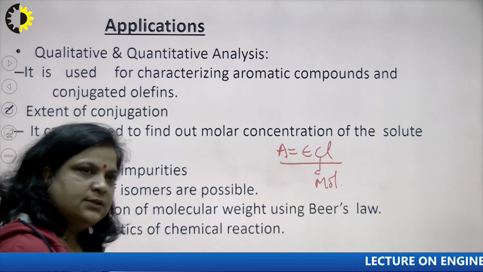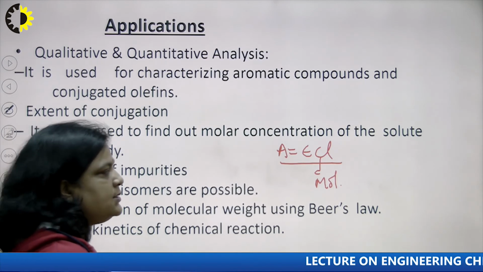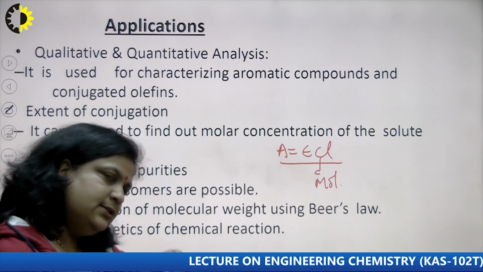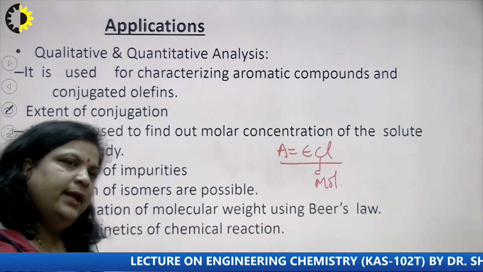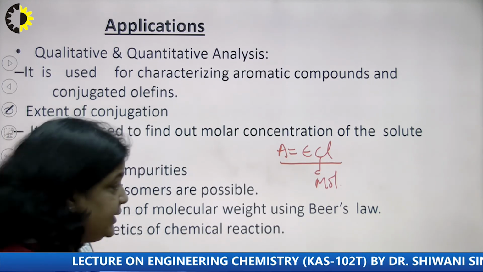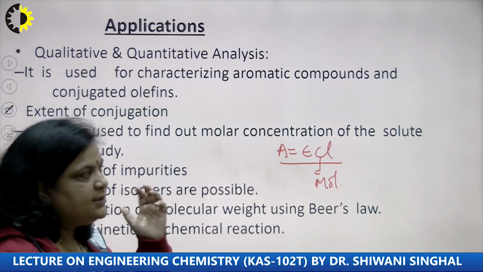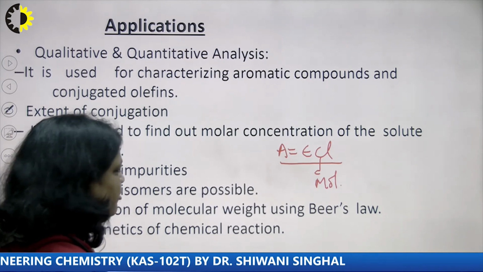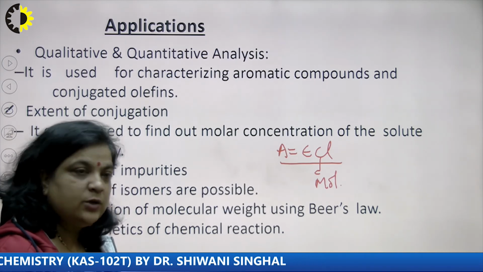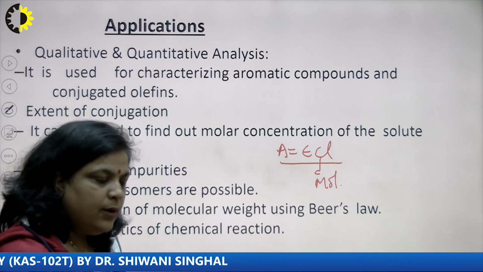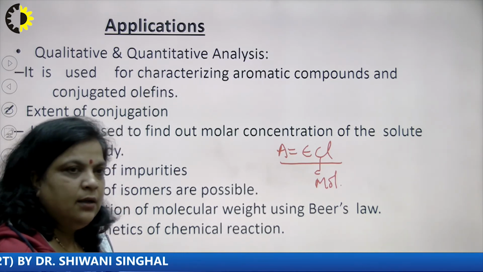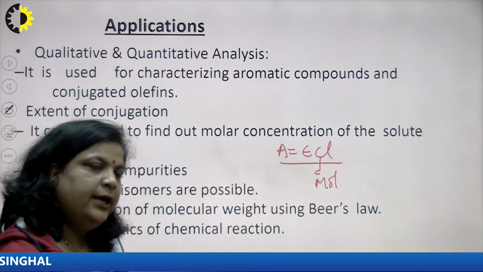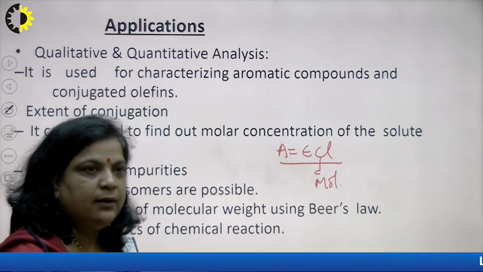Detection of isomers: in those isomers, where there is more conjugation, we can easily find or detect it, and that is why it is very useful to find the structure of vitamins. It is also used in the study of kinetics of chemical reactions, because we can find for which concentration it shows a higher rate or high speed.